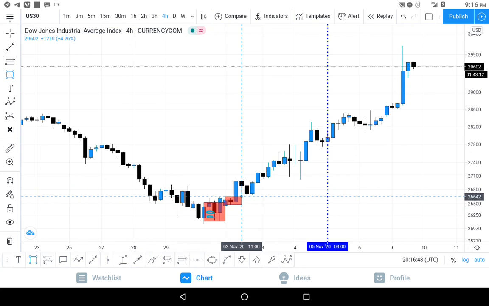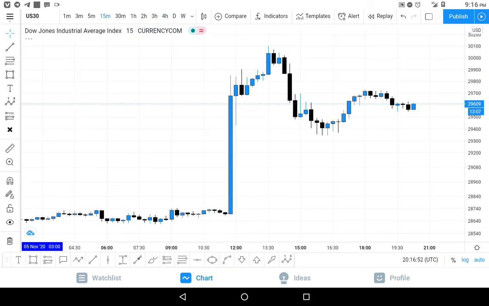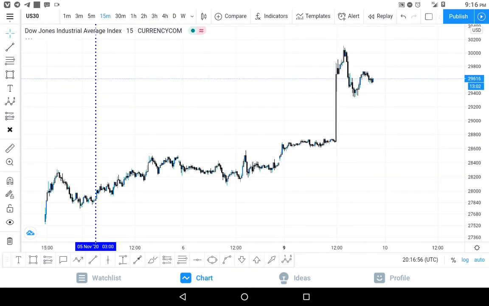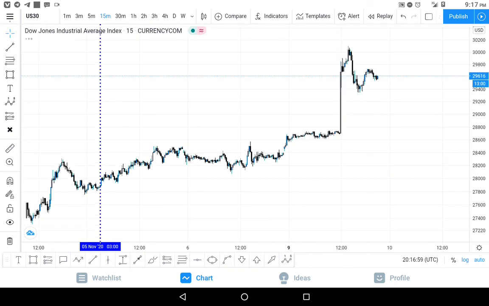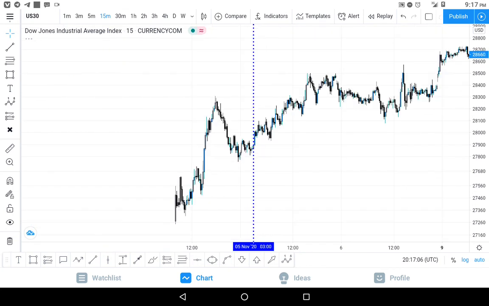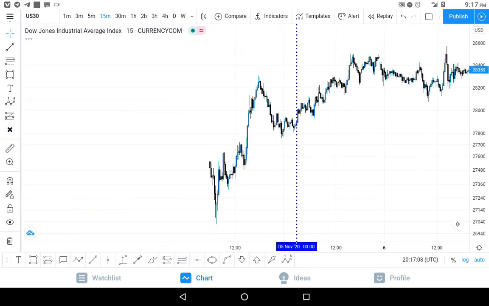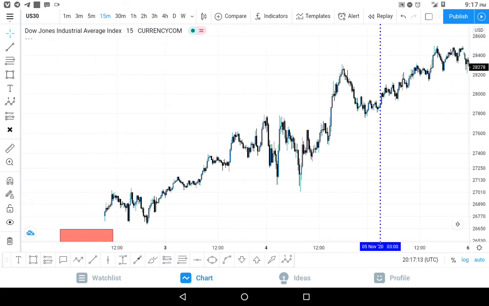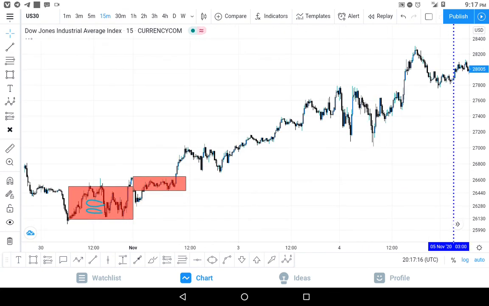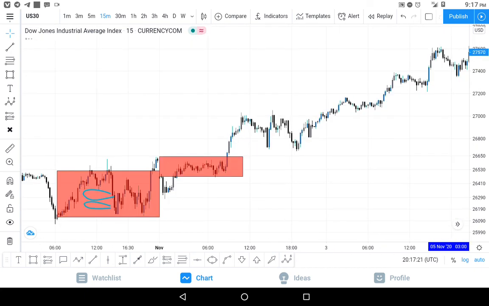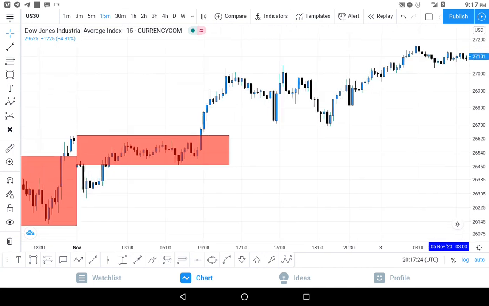Go back to my 15 minutes time frame for my entry. So on the 15 minutes time frame, guys, if you count our levels, you can see price.